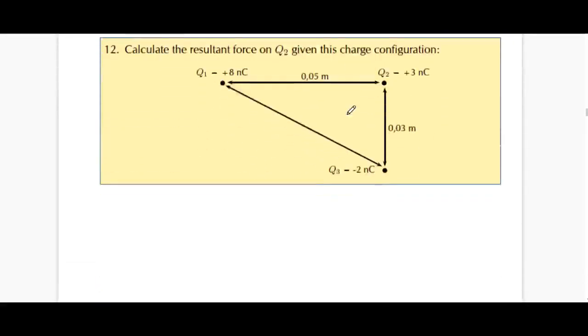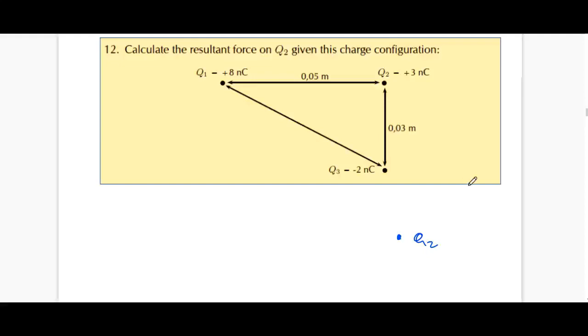The problem number two is similar to that example that we did. Calculate the resultant on Q2 given this charge configuration. Okay, so the point of interest is Q2. If this is Q2, Q2 is negative, right? And Q3 is negative as well.